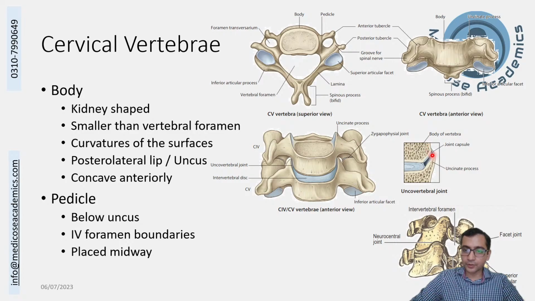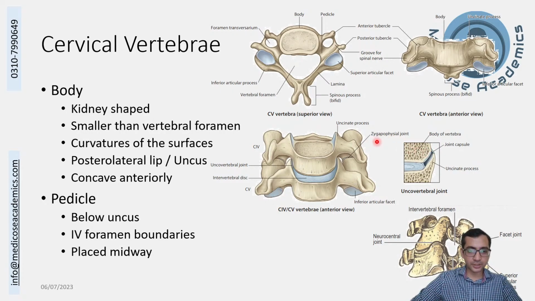So this is an additional joint present between the two bodies of the vertebra. This is the uncovertebral joint, also known as the neurocentral joint. It is present between this raised lateral margin of the upper surface of one vertebra and the convex lower part of the lateral surface of the vertebra above.